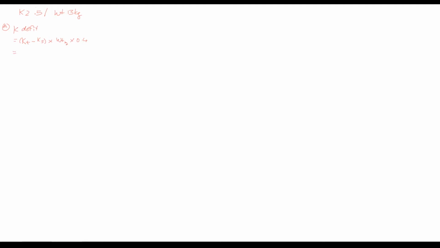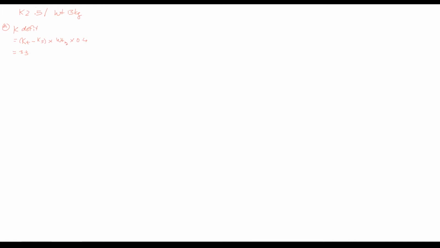So let's say our target potassium is 3.5. You can either take 3.5 or 4. Usually we take 3.5, the lower boundary of the normal value of potassium.